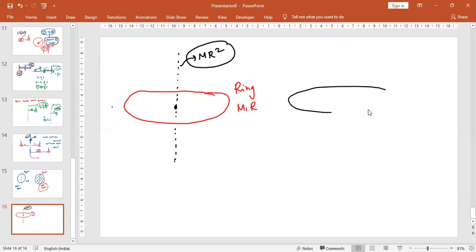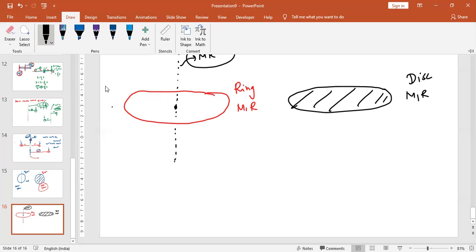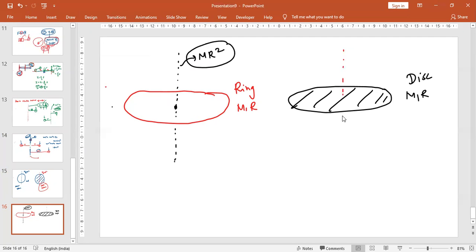And similarly, suppose I have a disk of mass m, radius r, and an axis is passing like this through the center of the disk. Then the moment of inertia will be mr square by 2. You don't have to get into the intricacy of how we arrived at this equation, but you have to remember the moment of inertia of the disk and ring. If an axis is passing through the center of the ring, the moment of inertia will be mr square. If the axis is passing through the center of the disk, the moment of inertia will be mr square by 2.